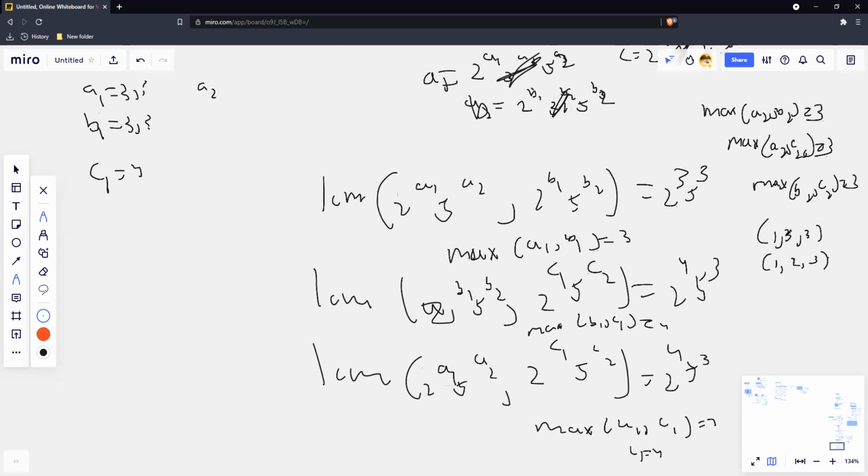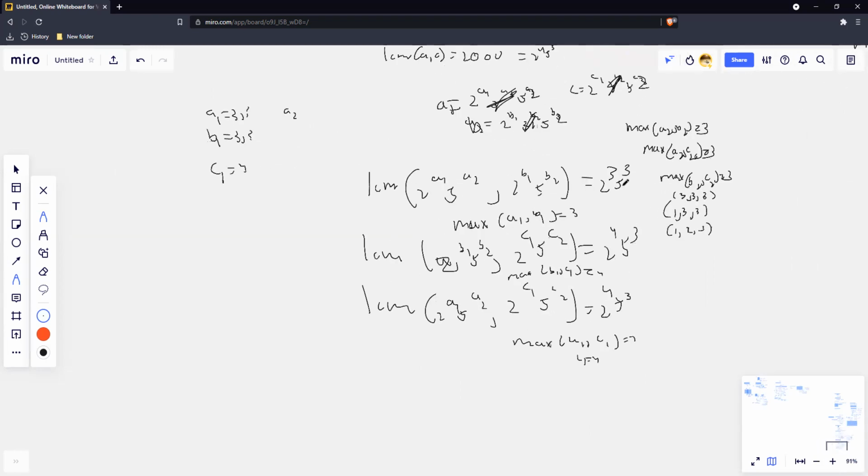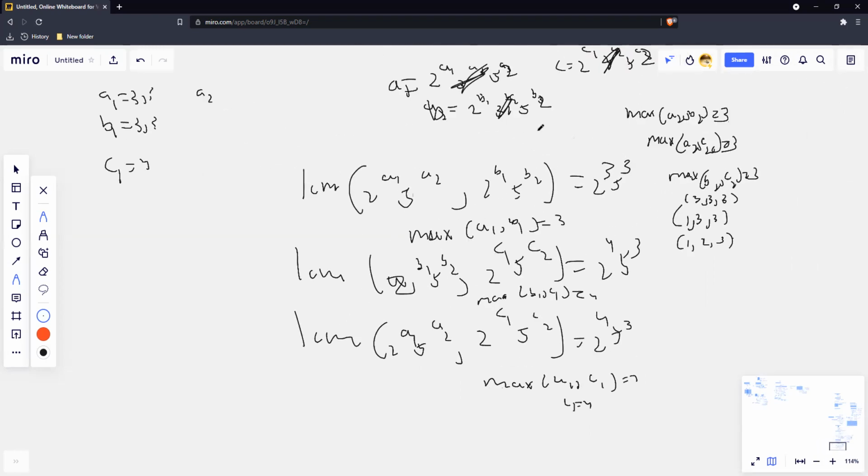Okay, we know that we can have 3 comma 3 comma 3. That's one case. All 3s work. But we can also have something like 1 comma 3 comma 3. Wait, zeros allowed? Let's see. Oh, can we also have zeros? Yeah, zeros are definitely possible. You can also have 0 comma 3 comma 3. As long as, let's read the problem.